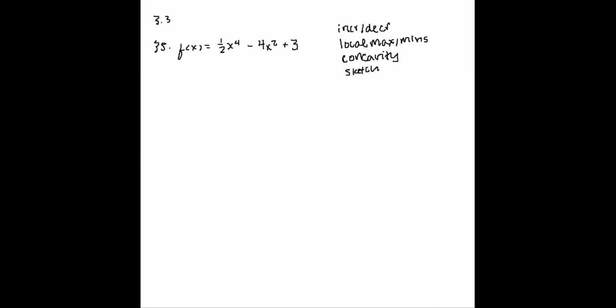Take the derivative. How are we going to take the derivative? It's just going to be the power rule. Yep. So this is going to be 2x cubed minus 8x plus 0. So here's my derivative.